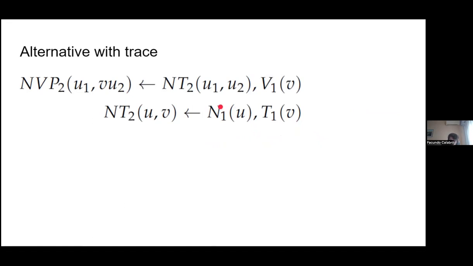And what we have here is that the trace joins the verb and stays here, while the other part of the noun keeps moving upwards. So we can go for this if we want.